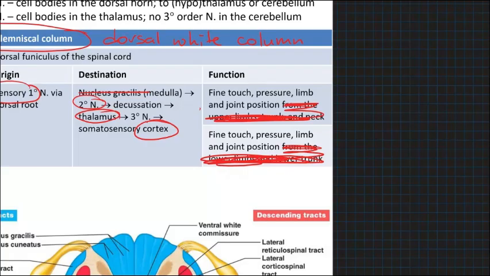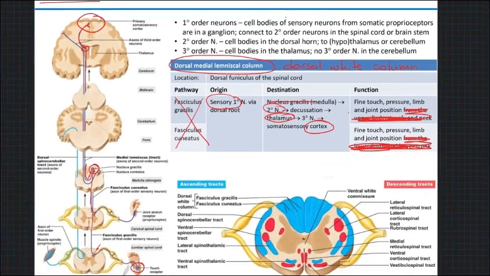Am I making sense? So I'm not going to ask you what is the function of fasciculus gracilis, but I can ask you what type of signal does the dorsal white column transmit? And you pick the answer that is either fine touch or pressure or position of the limbs and joints. You good?